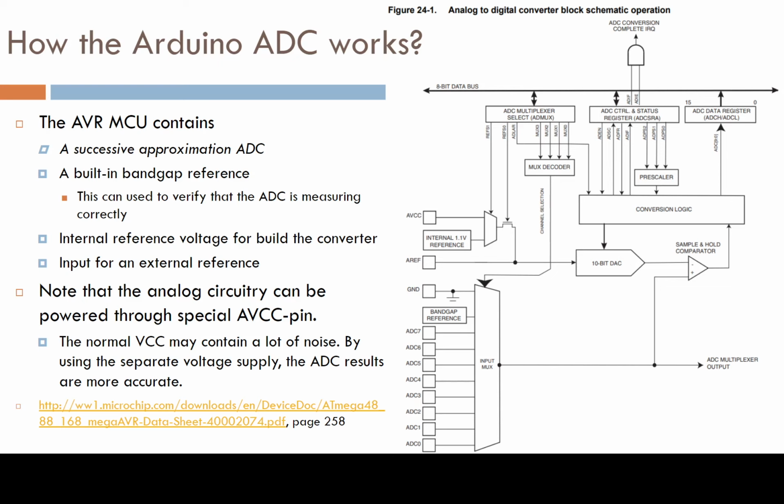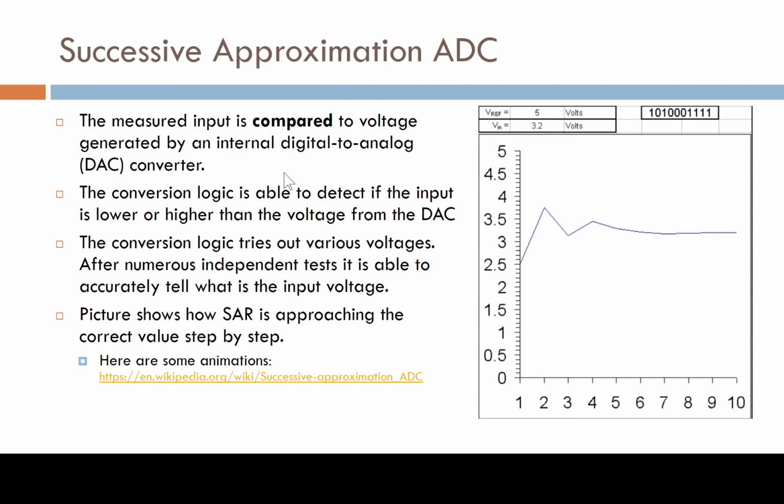The digital power line usually has lots of noise due to the switching of the transistors inside of logic circuits. So it's good practice to have a dedicated power line for the analog part of any mixed signal circuit.